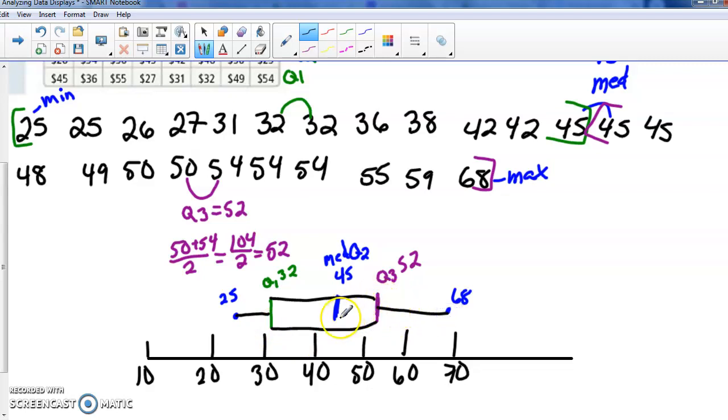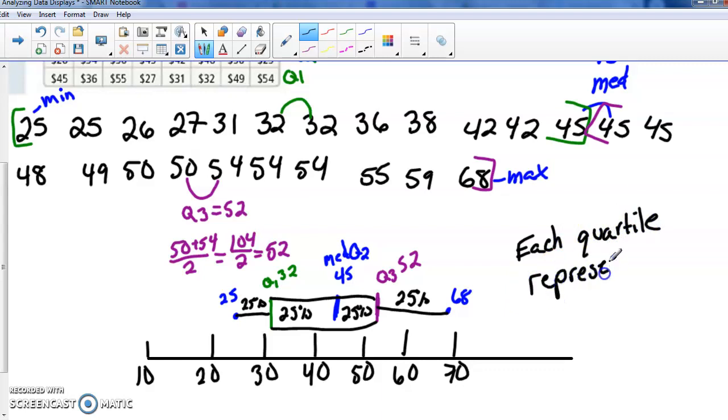Now, what's important to understand is that each portion of this is worth 25%. So this is 25% of the data, this is 25% of the data, and this is 25% of the data. And then lastly, this is 25% of the data. So what's important in a box and whisker is that each quartile represents 25%.